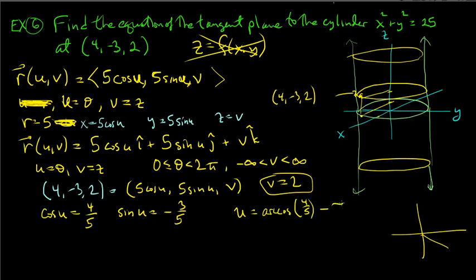Oh, minus pi, right? Because the arc cosine of 4/5 will be in the wrong quadrant. It'll be up here. Right. So instead of doing that, maybe let's just do the arc sine of negative 3/5. Oh, that's not right either.